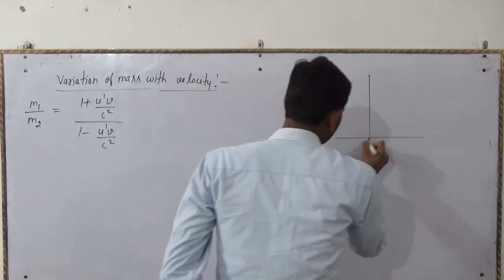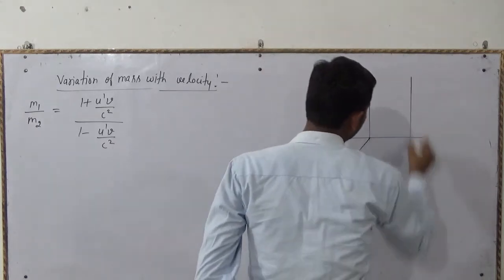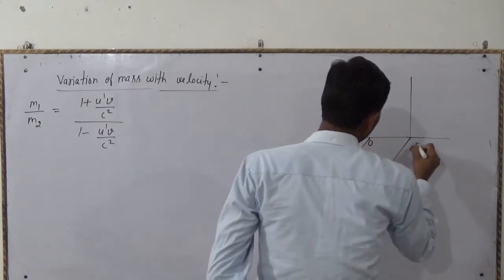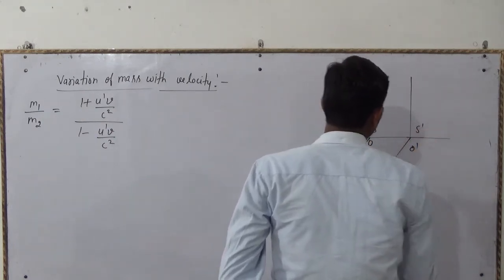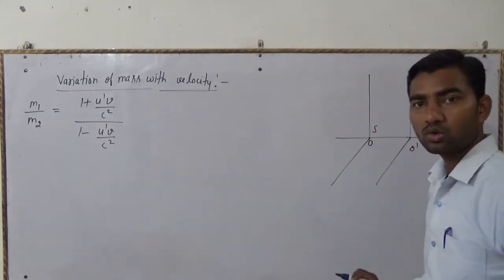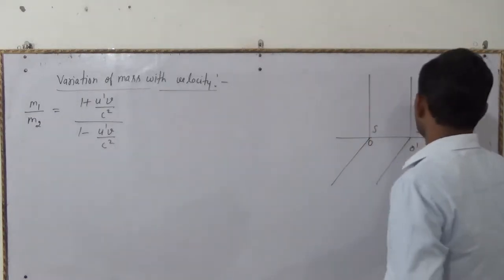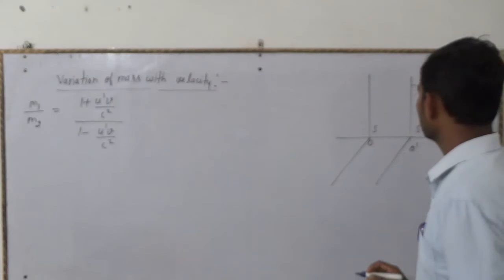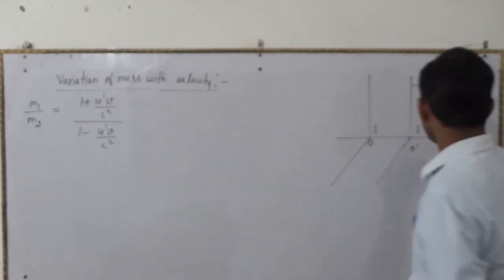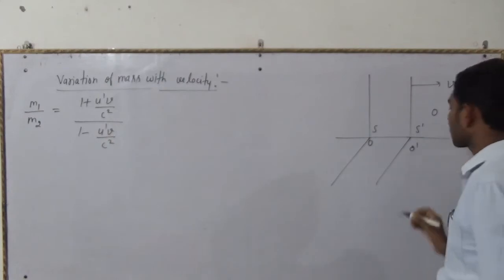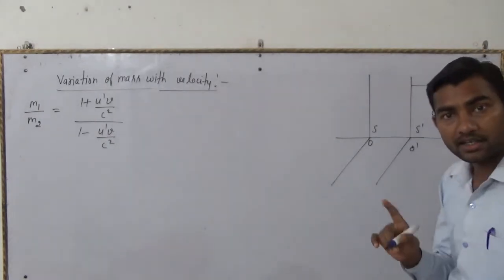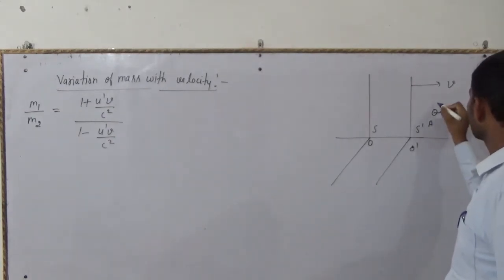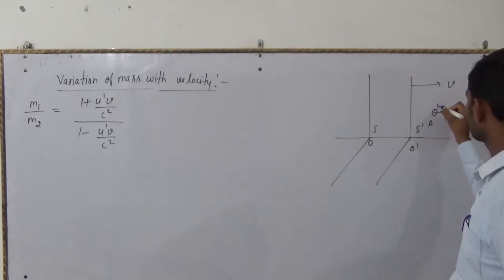Friends, we found this result under the condition when we assumed two frames of reference S and S dash with their origins O and O dash. The frame of reference S dash is moving with uniform velocity v, and we considered two identical particles moving in opposite directions to each other.